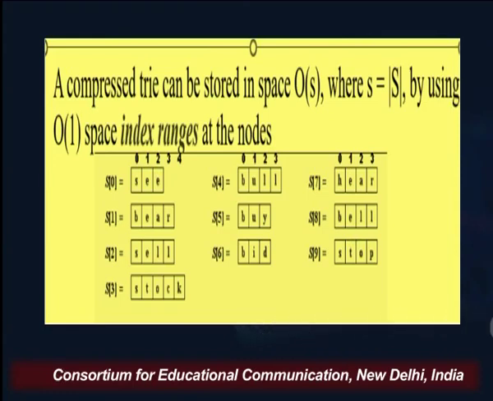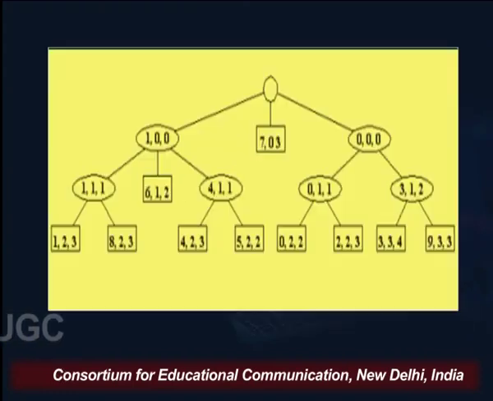The compressed trie, as we have seen in this example earlier, can be stored in space order S, and we are now overlapping the representation of the compressed trie with our suffix trie. So the suffix trie can also be implemented with the compact representation of the compressed trie, which we have already seen in the earlier examples.